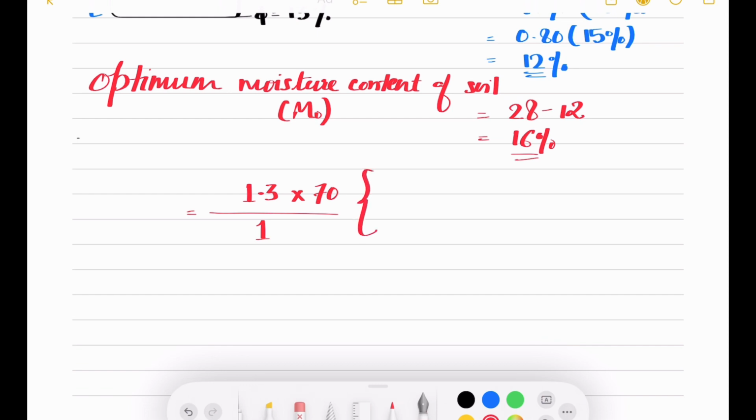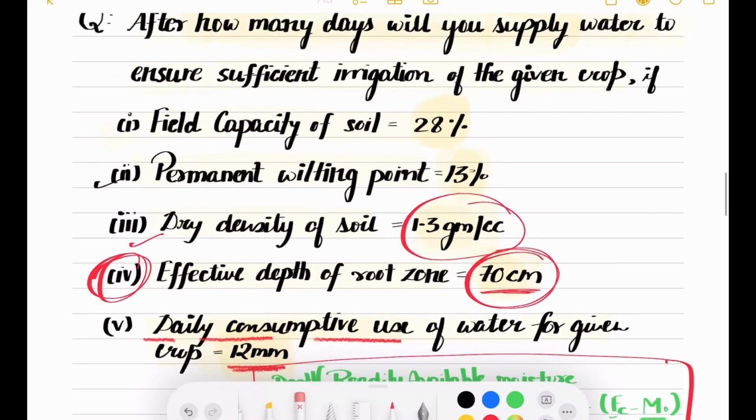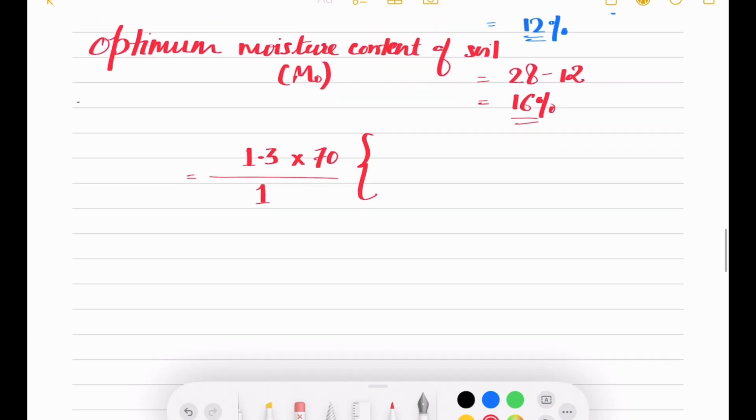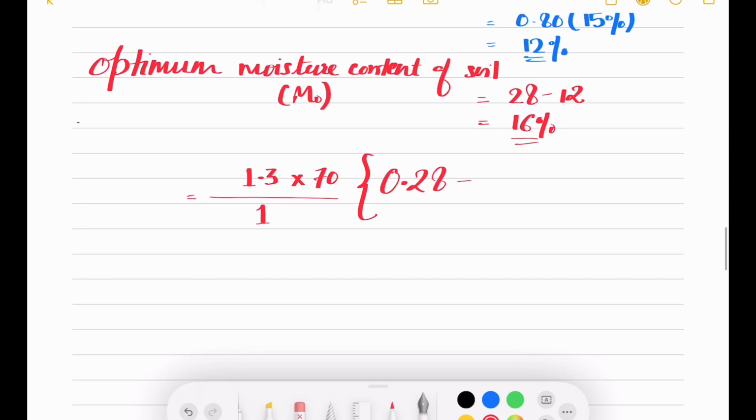Then field capacity moisture content is given as 28%, so we are going to put it as 0.28 minus optimum moisture content, that is 0.16. All right.